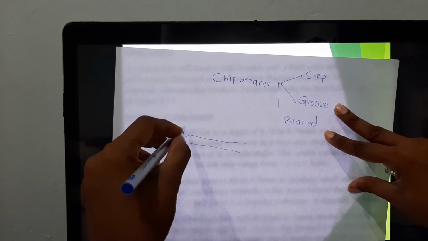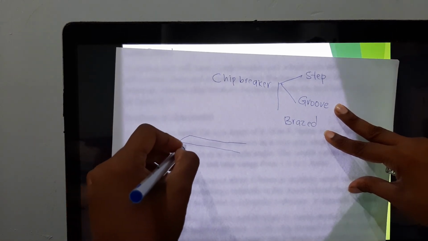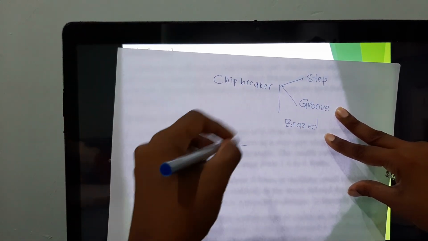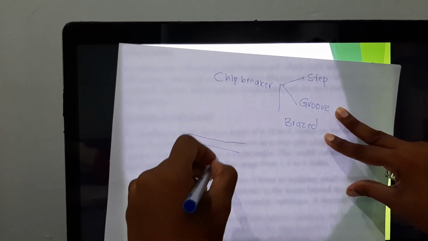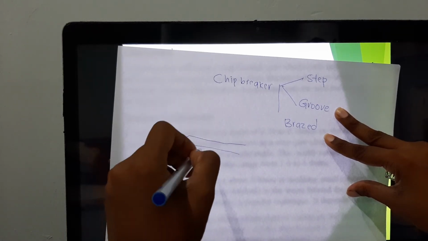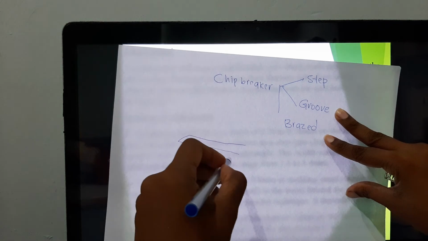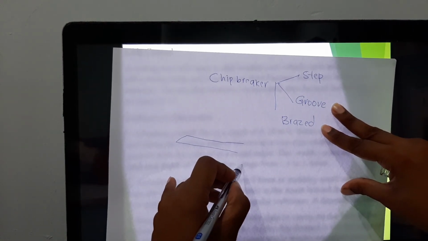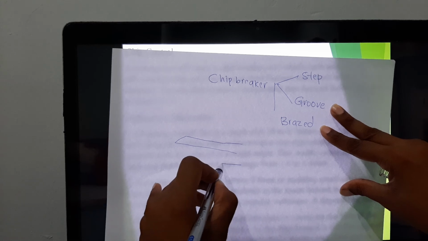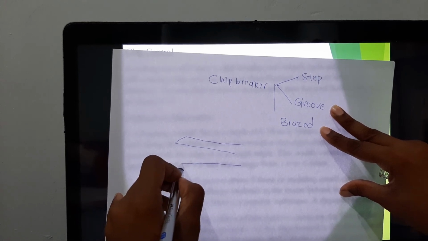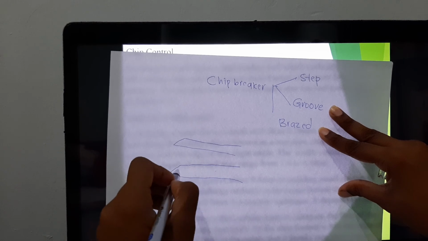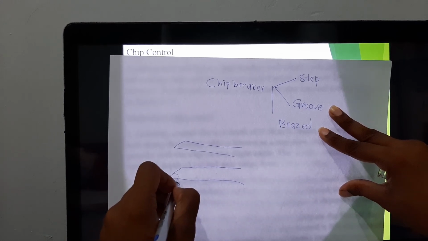Okay, so the chip would curl, move, and cut, and there's nothing to prevent it from having a smooth flow, yeah? So what you do is you're going to incorporate an obstacle in your cutting tool, meaning that for a step type chip breaker, this is your smooth cutting tool, and you're going to incorporate an obstacle where instead of having a super smooth flow, you are going to create an obstacle.